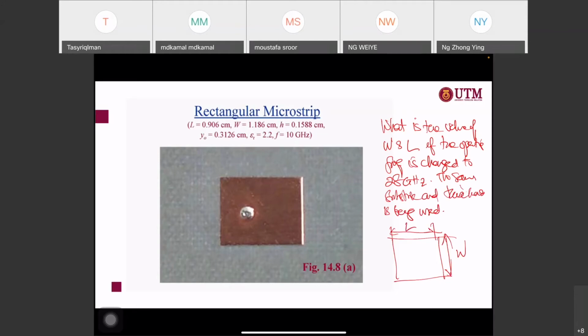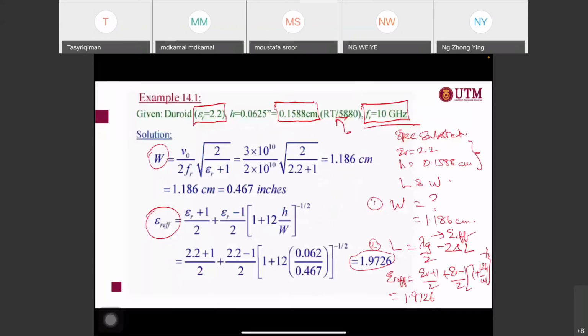Just find for me what is the W and L. Everybody, I will ask you later what answer you are getting. First of all, in your design, you should find the W first.